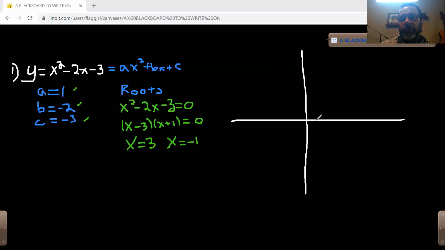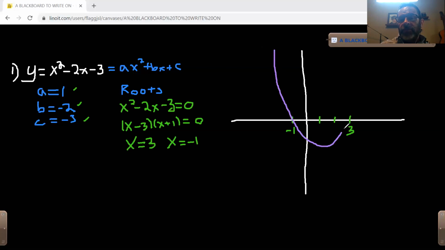So roughly around here, we're going to say 1, 2, 3. And it also crosses in x equals -1. So from that information, we know that the parabola crosses in those 2 points, and we know that the parabola is facing upwards. So at this point, we can say that our parabola should look something like this.